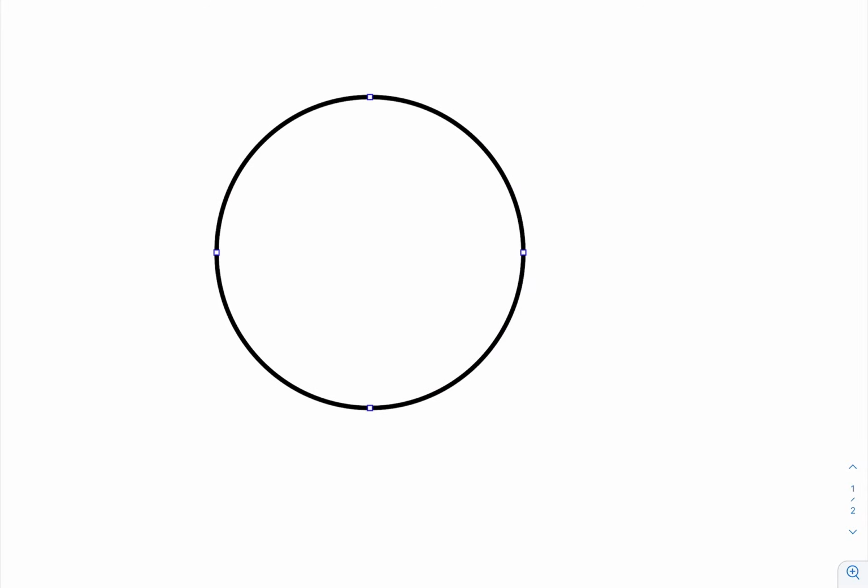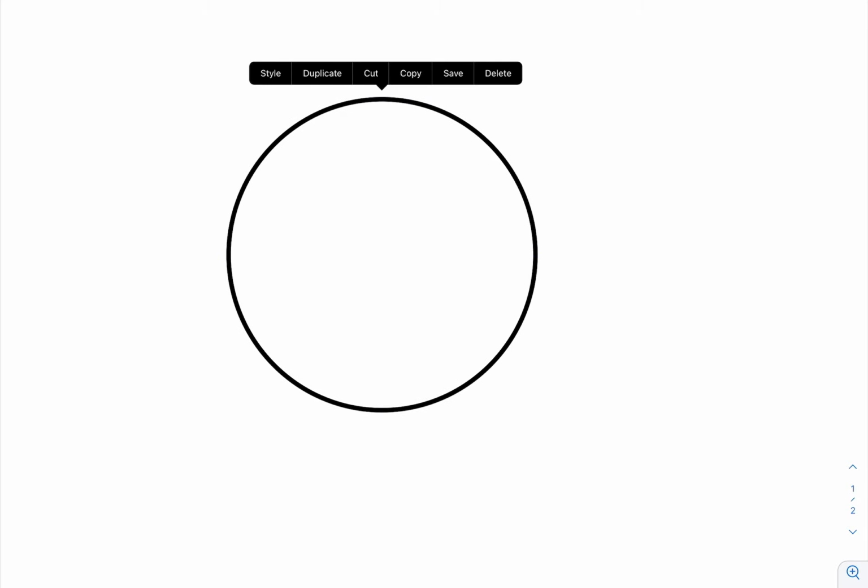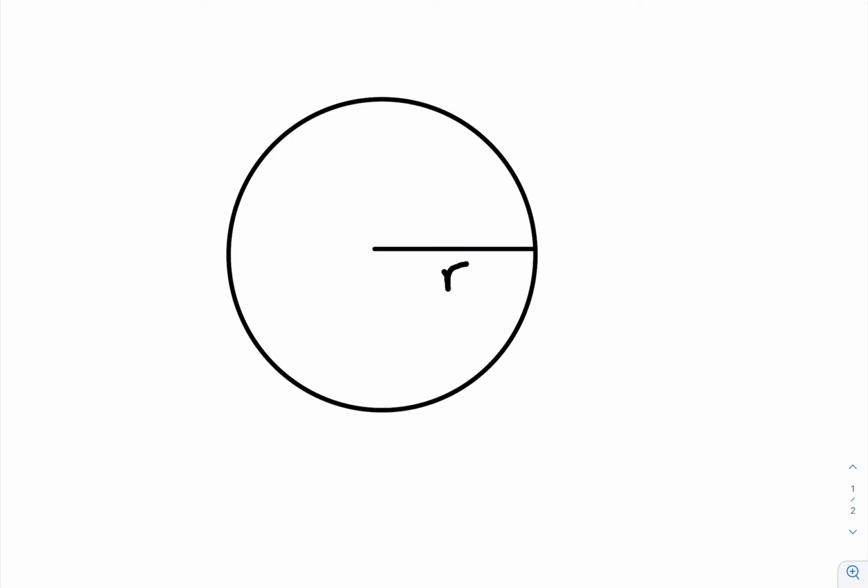So what radians are is, if we have a circle like this, and let's say we have a radius, I'll call it just r, and another line attached there.